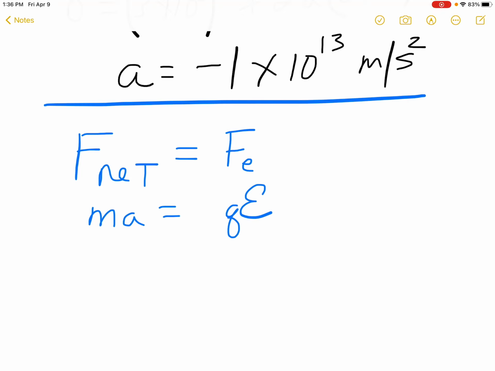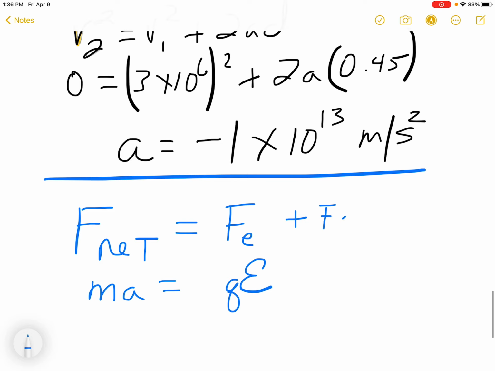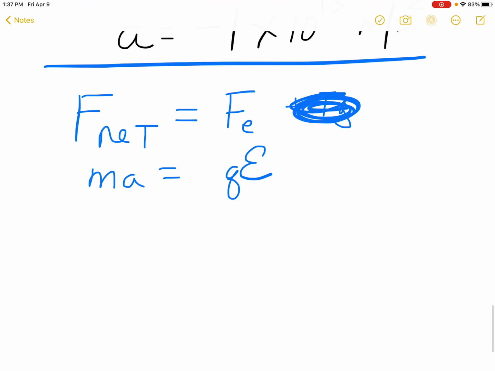They're almost the same. Well, a tiny ball, 0.6 grams, that's significant. But remember the mass of an electron, 9.1 times 10 to the negative 31. The gravity on an electron is pretty much not even worth looking at. So we don't have to add plus Fg because it's too small to worry about.